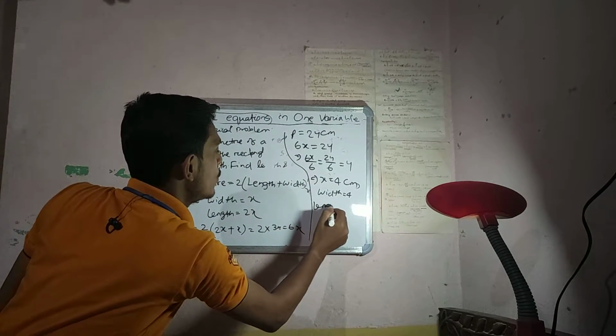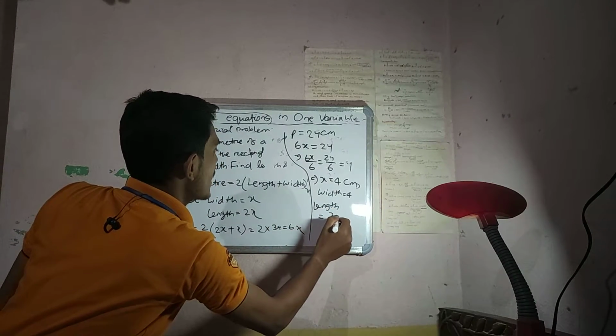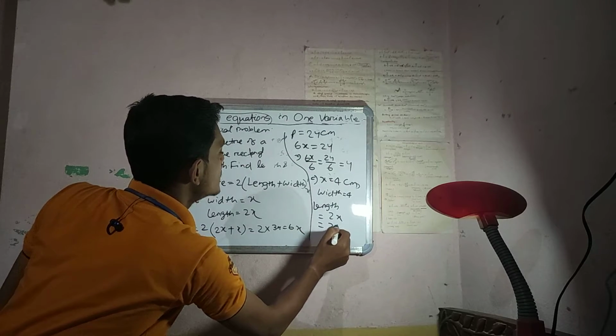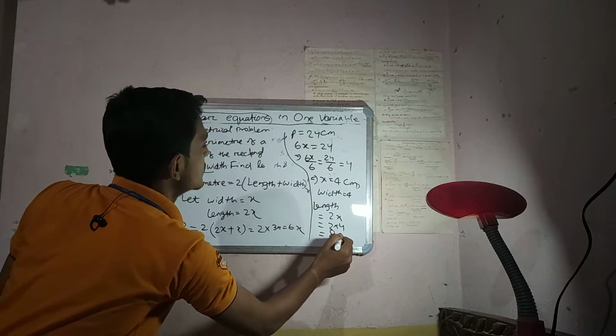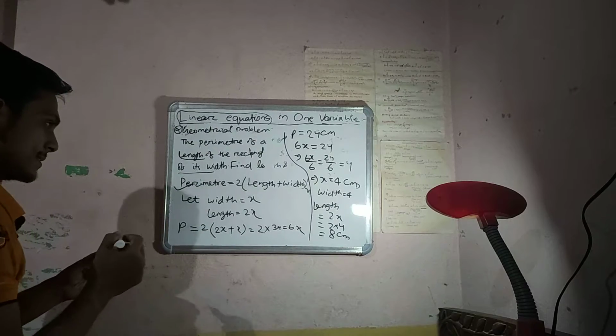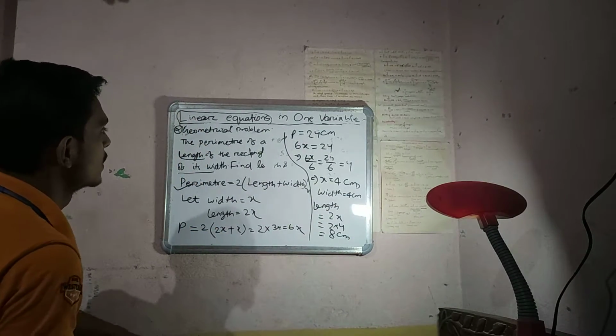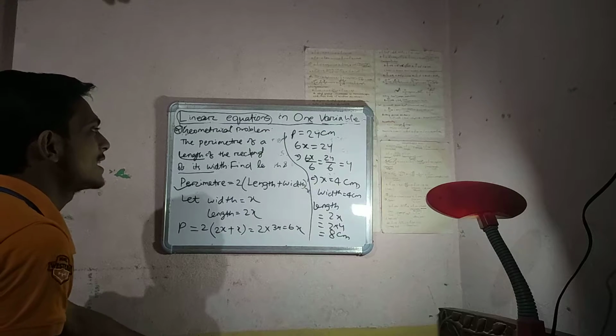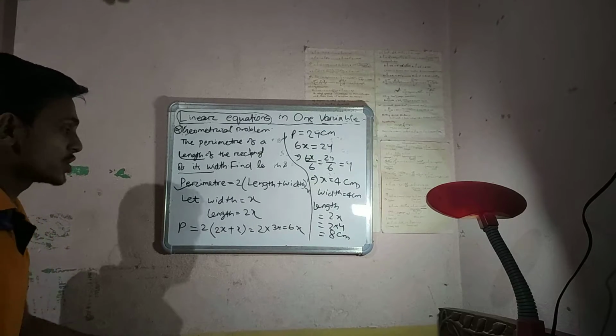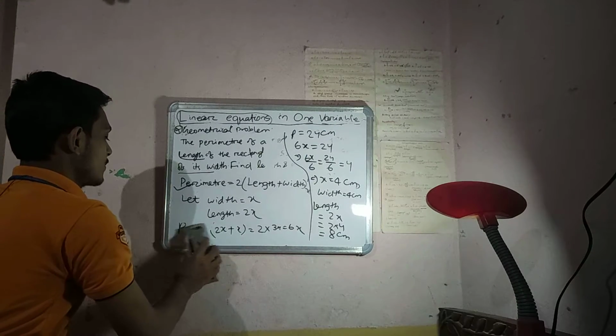Length is equal to 2x, that is 2 multiplied with 4, that is 8. So length is 8 centimeter and width is 4 centimeter. Okay. So this is a geometrical problem solved by using the linear equation.